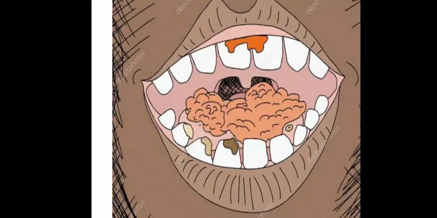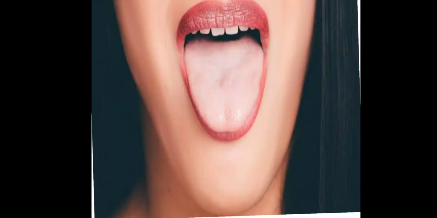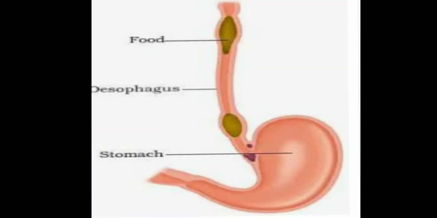We use our mouth to eat our food. The tongue tells us about the taste of the food. We chew food with our teeth. As we eat, our saliva gets mixed with the food. As a result, the food forms a moist ball.